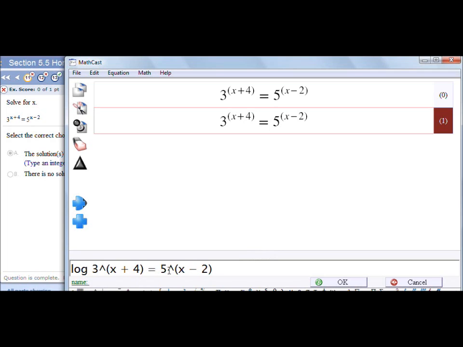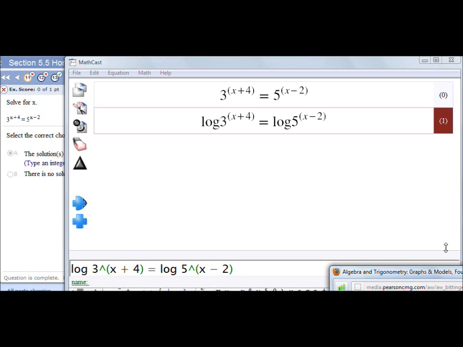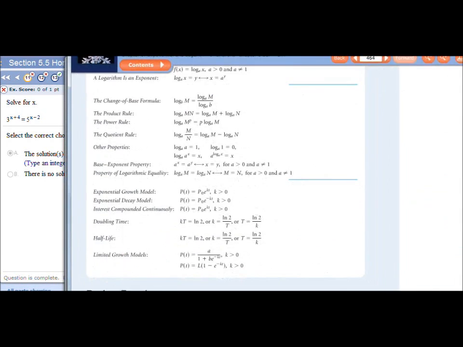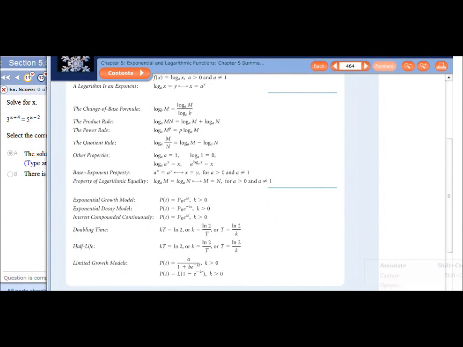And let's see how this is going to work out here. I may have to actually put something up here. Nope, that's good. I have the problem in my hands. Now I'll use another property here. Notice this property right here.